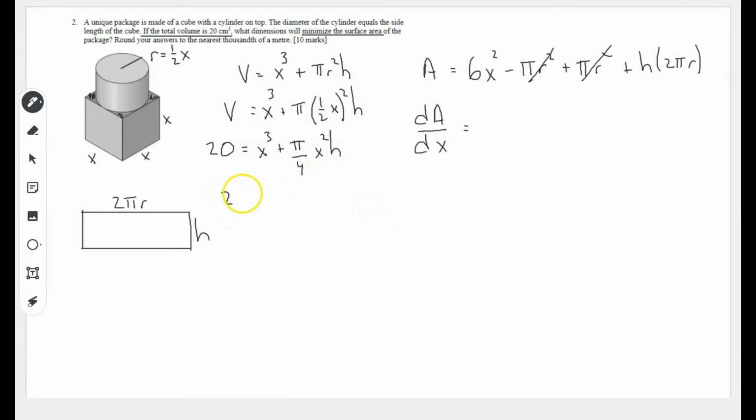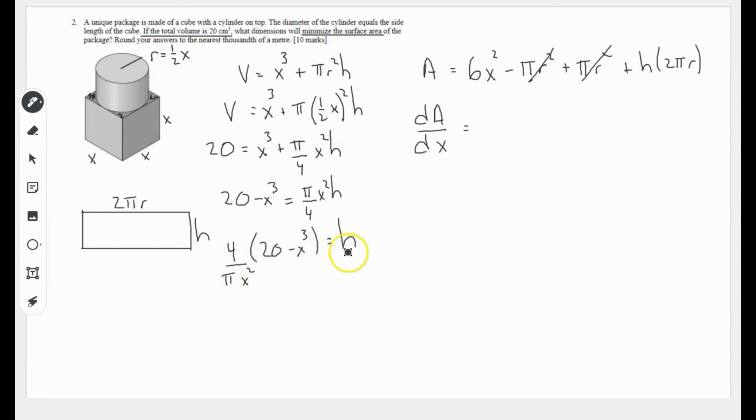So we get 20 minus x cubed equals pi over 4 x squared h. Okay, then I can multiply by 4, divide by pi, and divide by x squared. So we get 4 over pi x squared, all times 20 minus x cubed equals h.